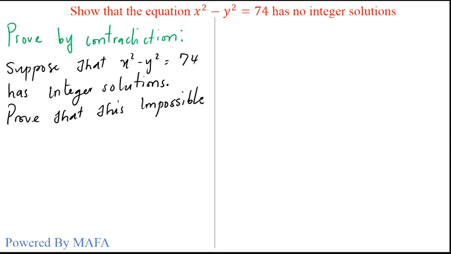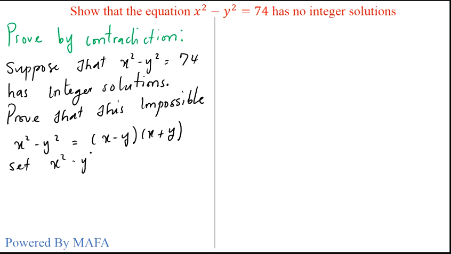So now x squared minus y squared, we know this is a difference of two squares, which is x minus y into x plus y. Now if I set x squared minus y squared to be equal to f of xy, then our equation becomes f of xy is equal to 74.